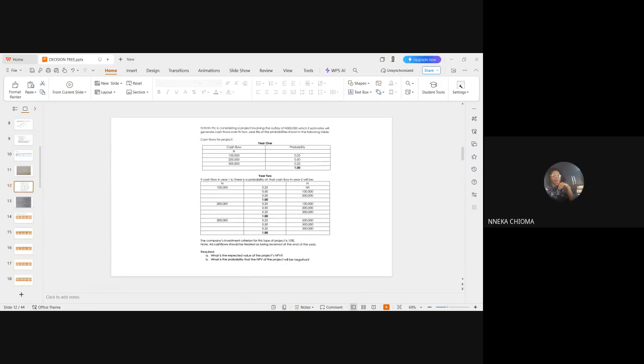Mr. Andrew? Sir, I've seen a situation where they said the inflow will come in the middle of the year. I was looking at that question, and I could not solve it because of the discounting factor when they said the inflow will come in the middle of the year.